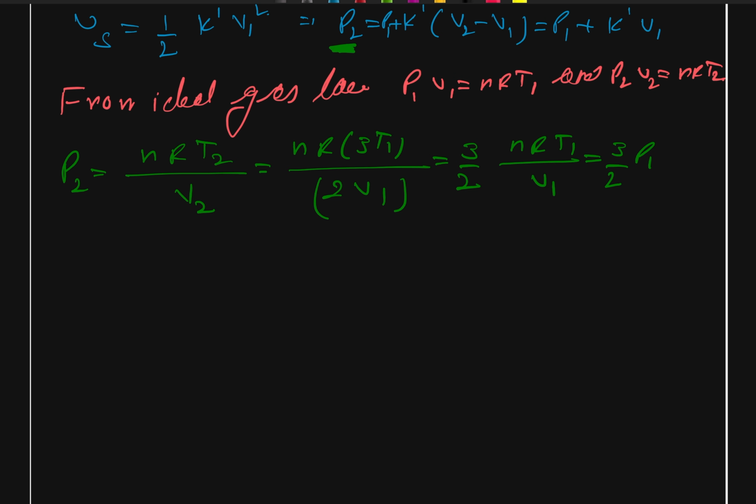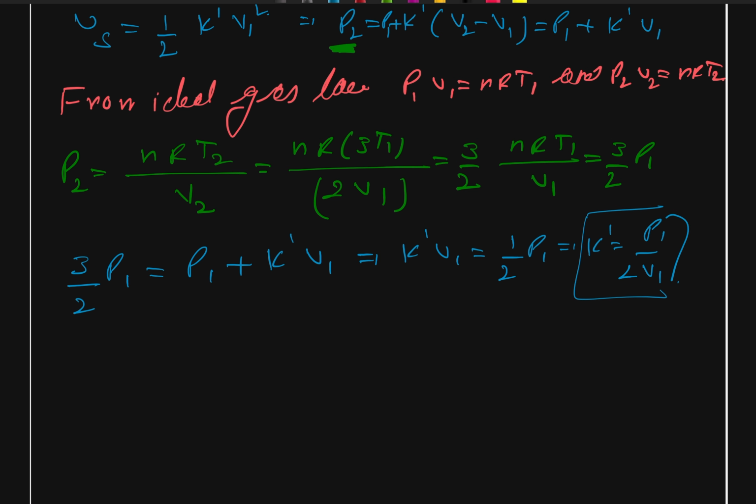So we substitute P2 and we get 3 by 2 P1 is equal to P1 plus K prime V1, and this gives us K prime V1 is equal to 3 by 2 minus 1, which is 1 by 2 times P1. So K prime will be equal to P1 upon 2 times V1. Okay.